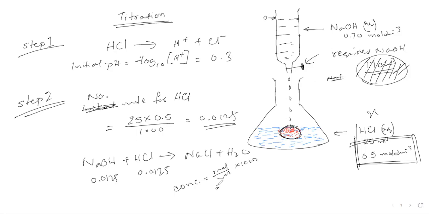From here, we need to find just the volume. So volume is going to be mole over concentration into 1000. The mole is 0.0125, I'm really sorry for that, divided by the concentration, which is 0.7, into 1000.